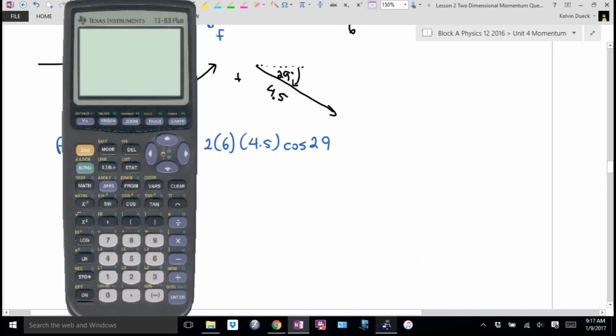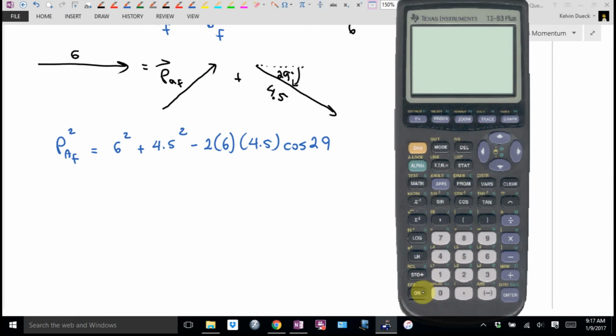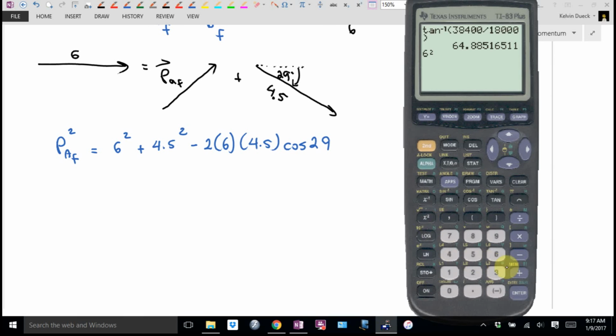Yeah, this is a job for my calculator. 6 squared plus 4.5 squared minus 2 times 6 times 4.5 cos 29. 9 point, square root. Because this is momentum squared.